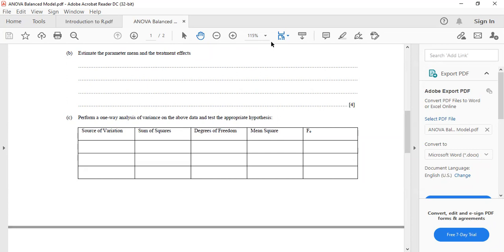But for something like mu, you may have to use it over and over again, like in LSD, where you continuously use y bar 1 dot, y bar 2 dot, y bar 3 dot. So you don't round off there. You round off only when giving the final answer. Thank you, sir.